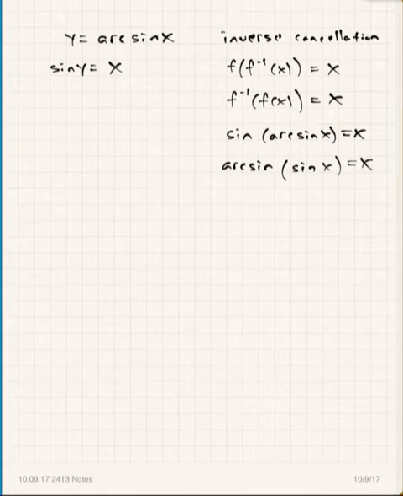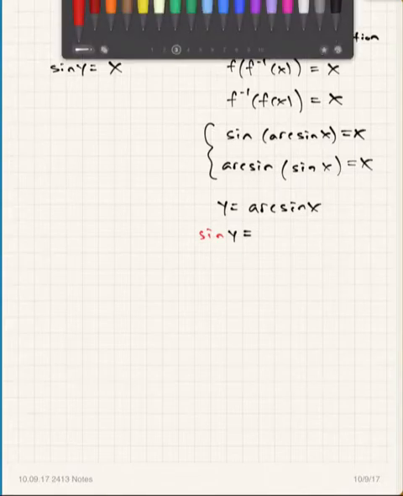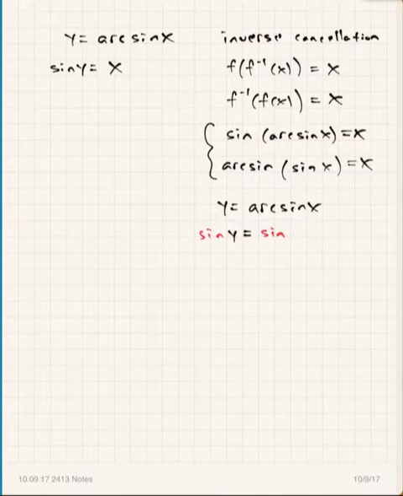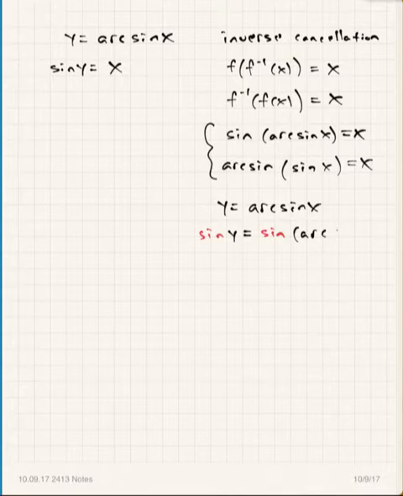And so if you think about that inverse cancellation for the inverse sine function, if you start with y equals arc sine x, and then you apply the sine function to both sides, you have the sine of y equals the sine of the arc sine of x. So I am applying the sine function to both sides there.